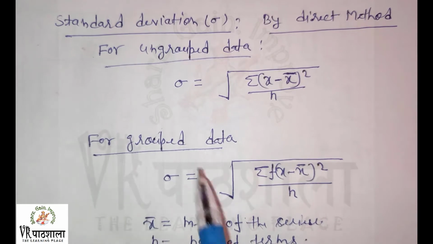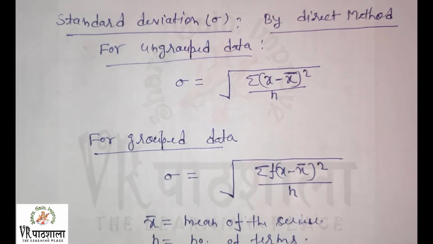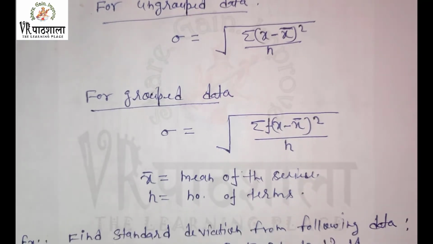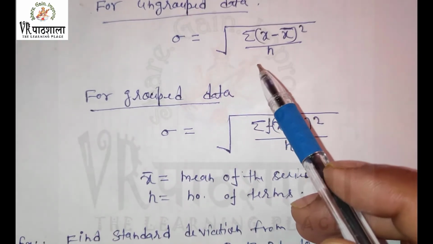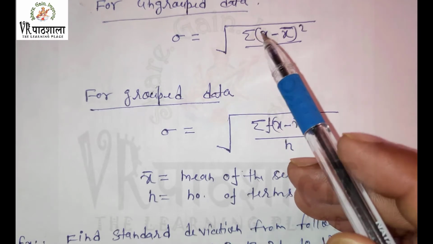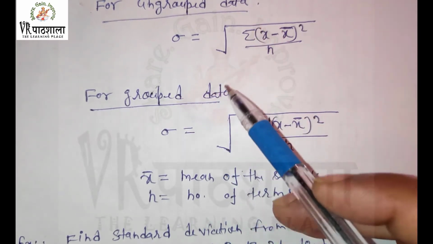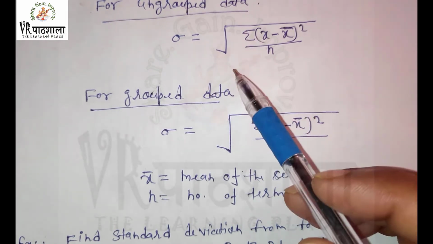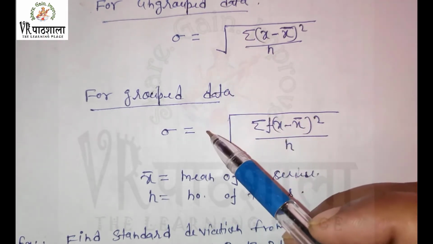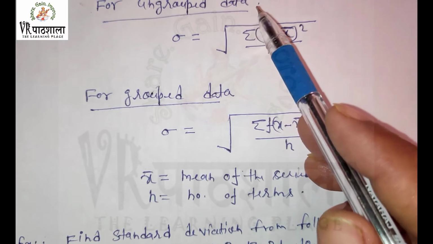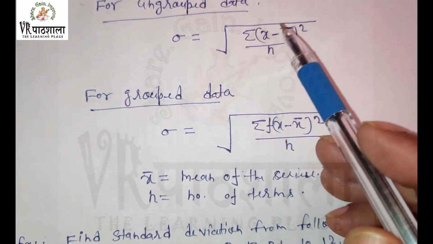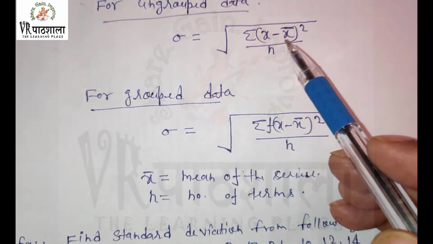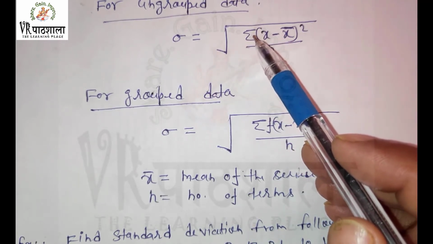For grouped data, as you know, the frequency is given. Now the formula for grouped data, we can derive from the ungrouped data formula very easily. In the summation term, we introduce the frequency f.